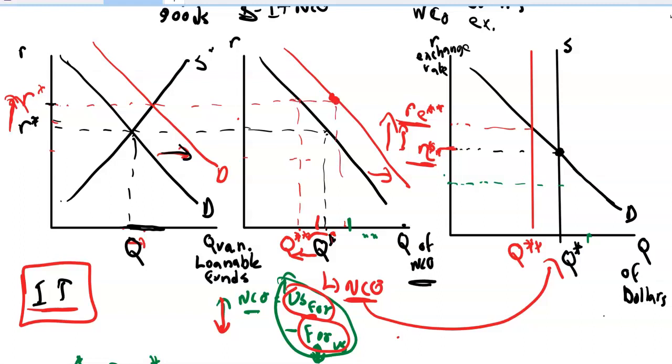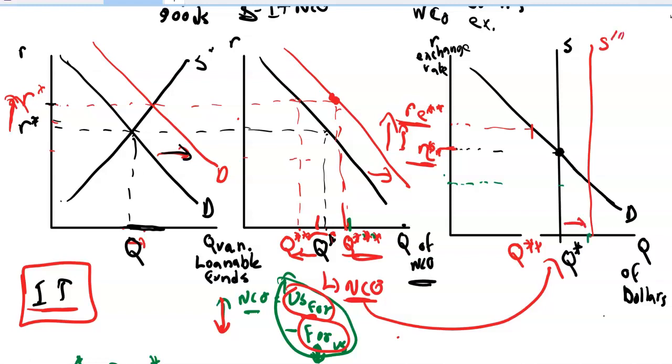So we may see an increase in Q, so it may move up to here. As a result, we can see that our supply of funds in the exchange rate market may go up to here, and this amount is Q star star star.